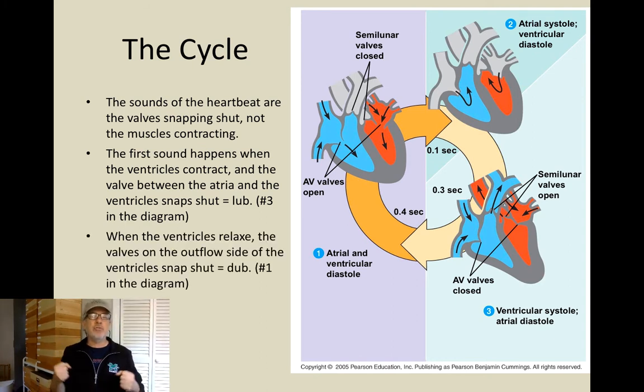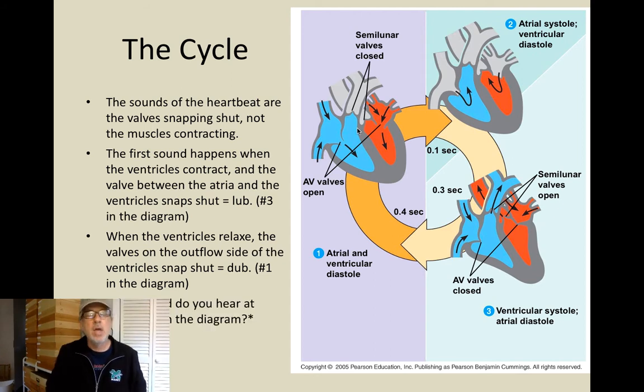When the ventricles relax, the valves on the outflow side of the ventricles snap shut, and that's the second sound you hear, and that's number 1 here. So when the ventricles relax, these two valves here, the so-called semilunar valves, snap shut. So what sound do you hear at number 2 when both are relaxed? I'll let you figure that out.